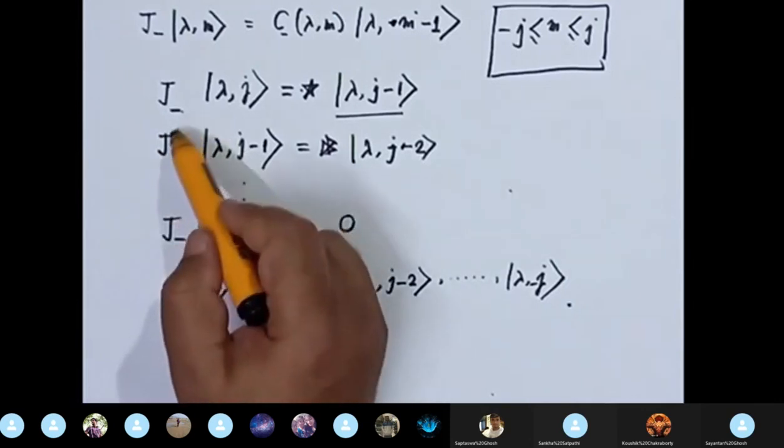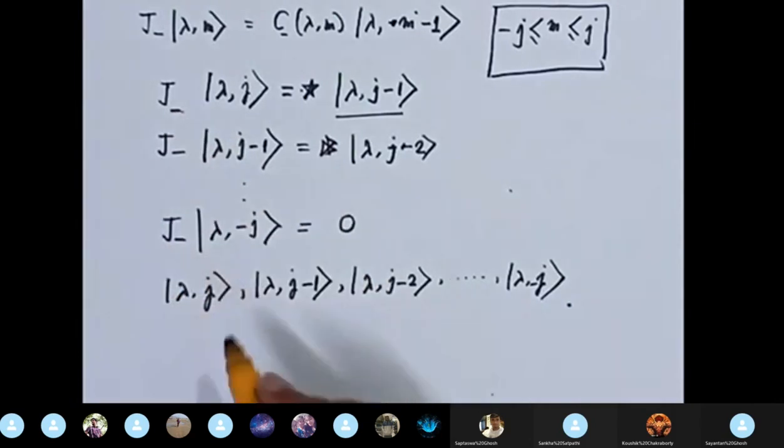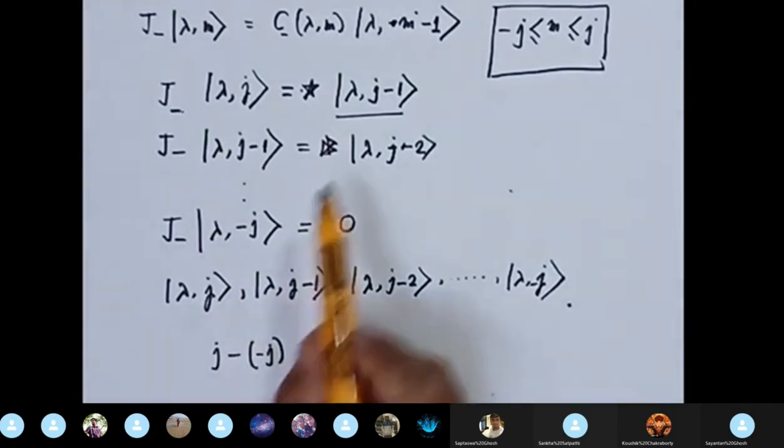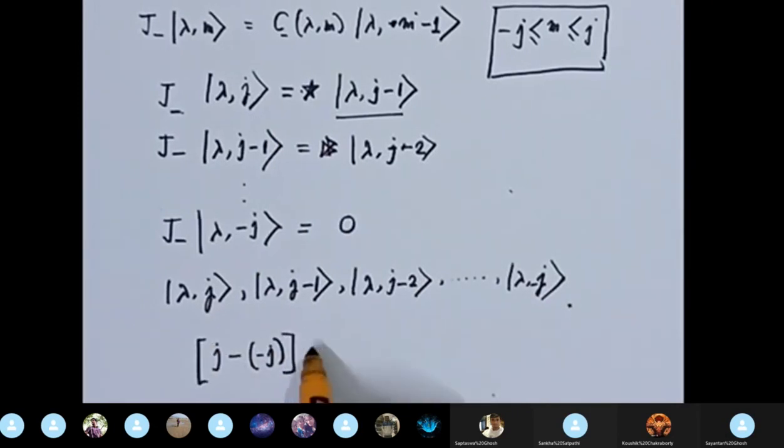Now this many times means an integer number of times. J decreases by 1 unit, 2 units, and reaches minus J. So this object must be an integer.